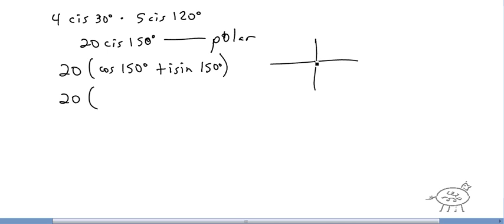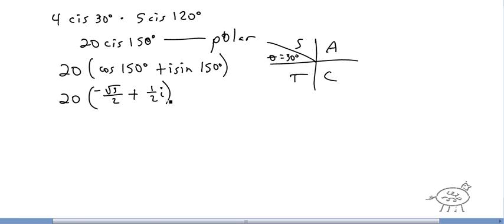You're in this quadrant over here, so your cosine is going to be negative, your sine is going to be positive, your reference angle is 30 degrees. So the cosine at 30 is root 3 over 2, and of course it's negative because all students take calculus, and cosine's negative there. Sine of 30 is 1/2, it's positive, so it's plus 1/2 i.